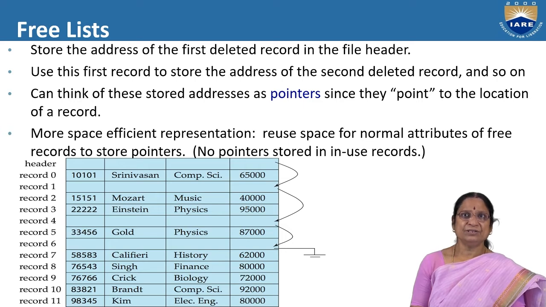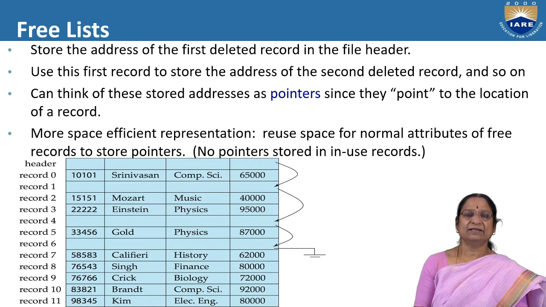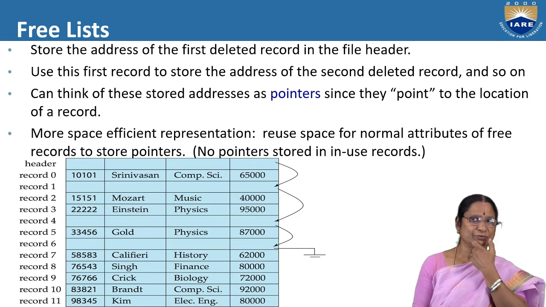So that's why we store the address of the first deleted record in the file header. So that what happens, the remaining are going to be connected further. Use this first record to store the address of the second deleted record. Then the second deleted record is going to point to the third deleted record, and so on and so forth.